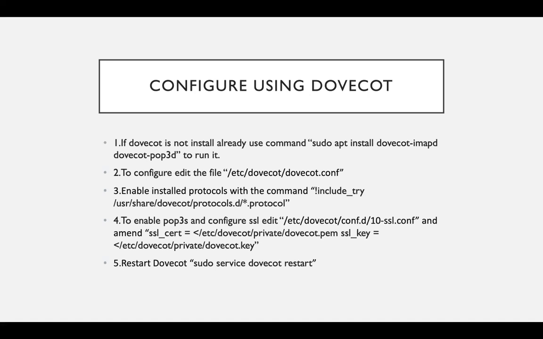After that, you have to enable POP3S in Dovecot and configure the SSL, edit with the following command and amend it. After step 4, you have to restart Dovecot to make sure it's running, not manually, but with the listed command, sudo service dovecot restart.